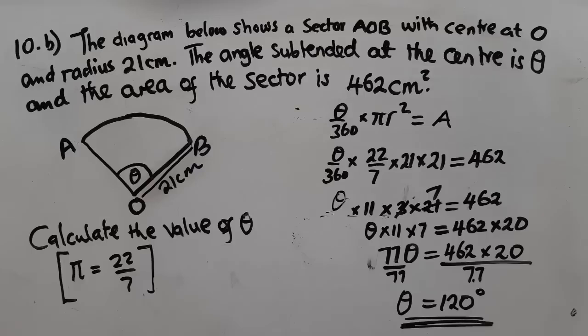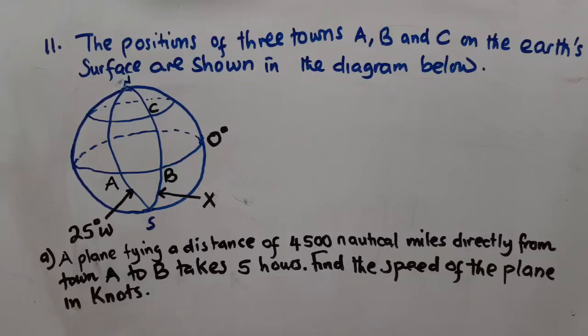Are we there? Question 11. So we are on question 11, which is earth geometry. The positions of the three towns A, B, and C on the Earth's surface are shown in the diagram below.